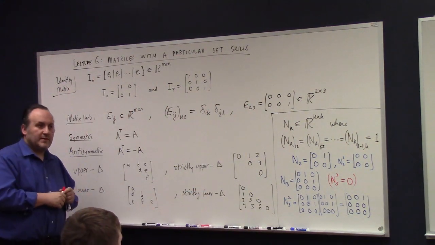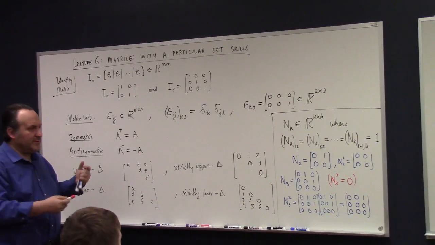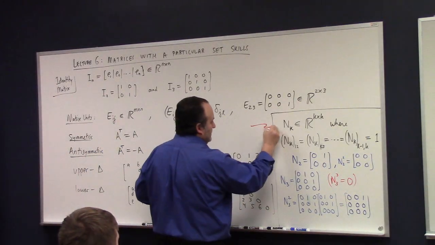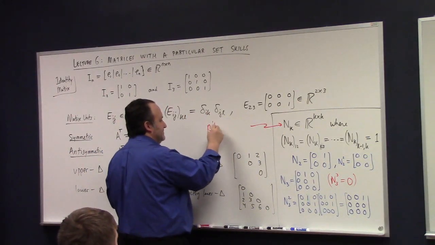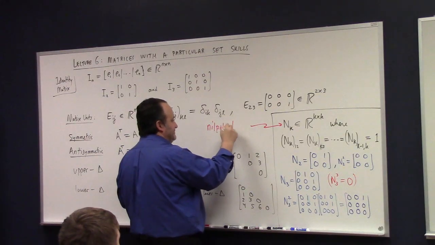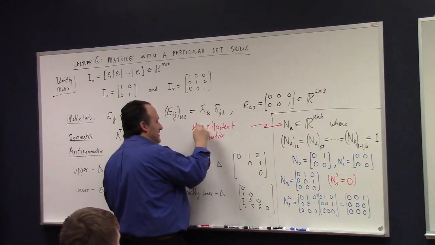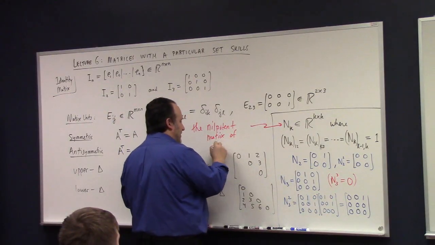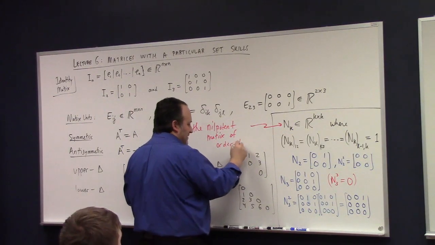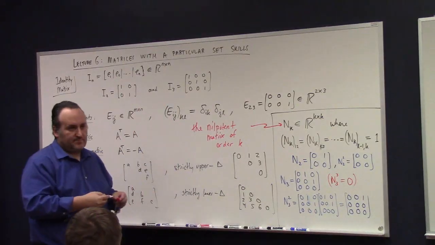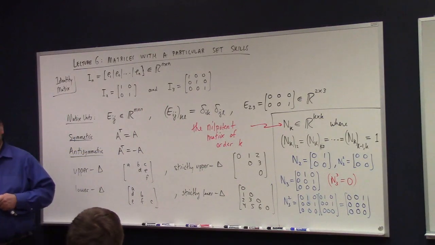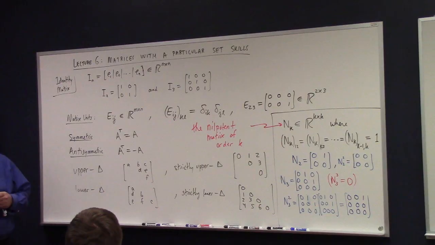All right. So this is the so-called nilpotent matrix, and I would say it's the nilpotent matrix of order k. Generically speaking, if you have a matrix whose cube is 0, yet the second power is non-zero, that would be a nilpotent matrix.